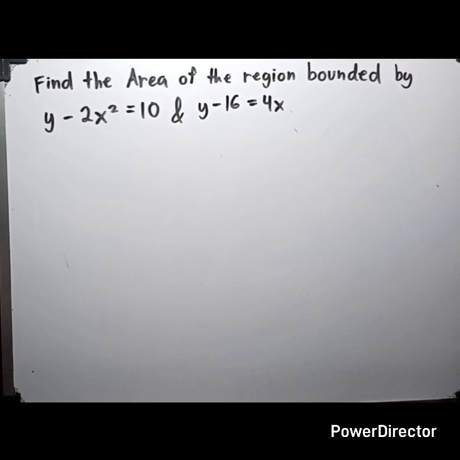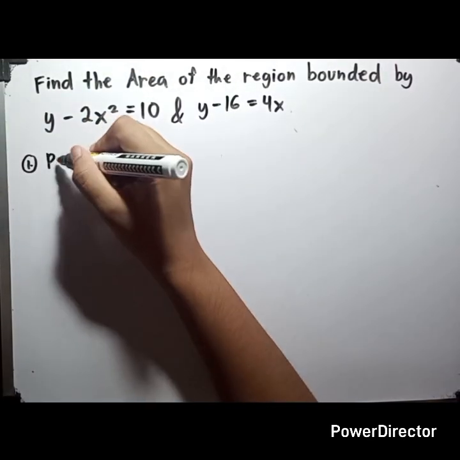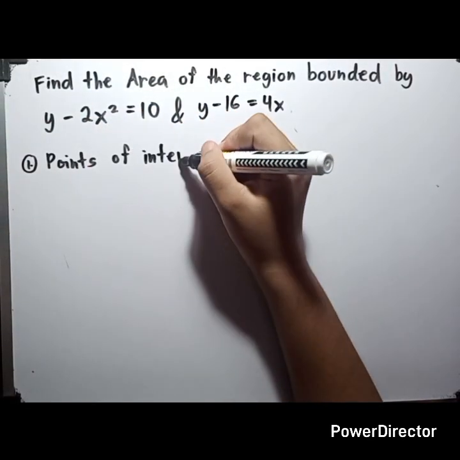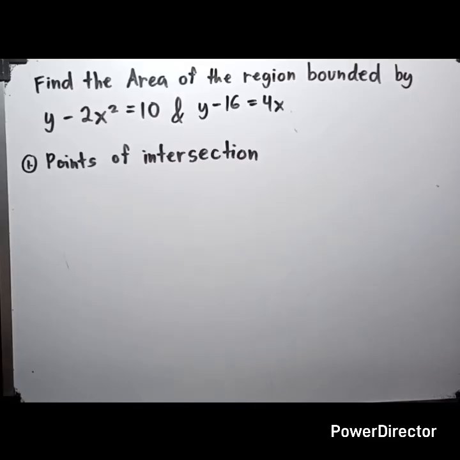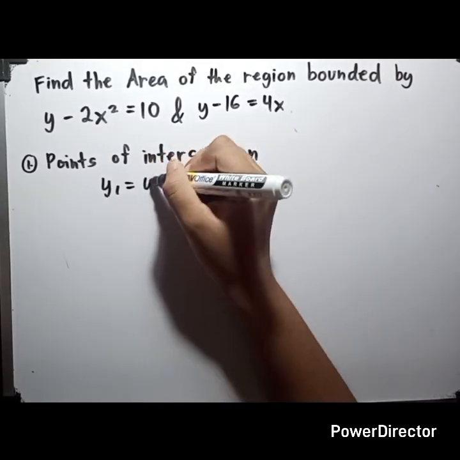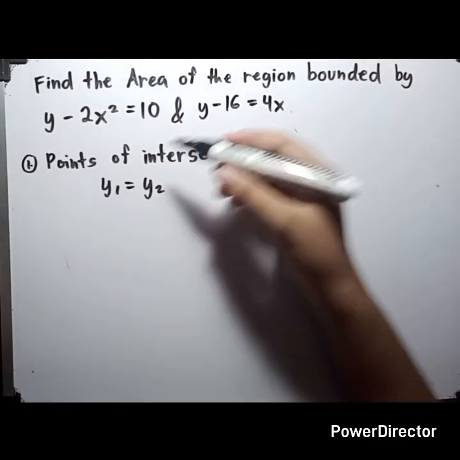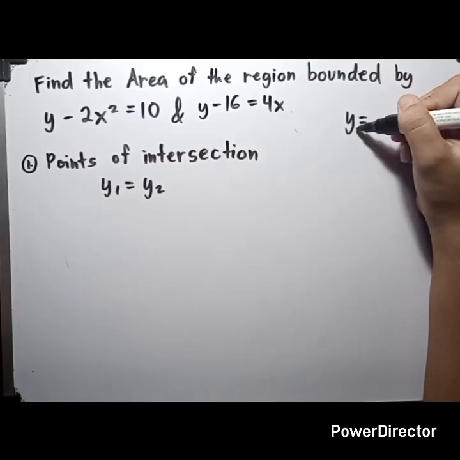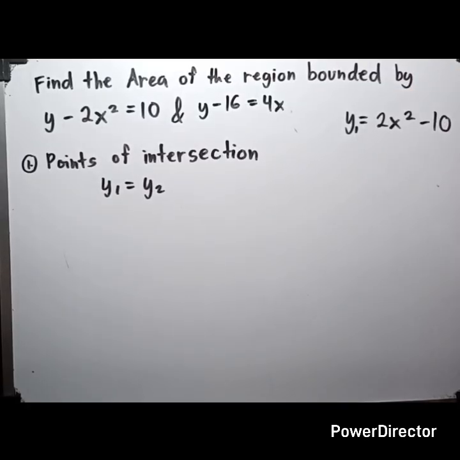Find the area of the region bounded by y minus 2x squared equals 10 and y minus 16 equals 4x. First, let's equate the two functions to find the intersection. We write these given functions to separate y.